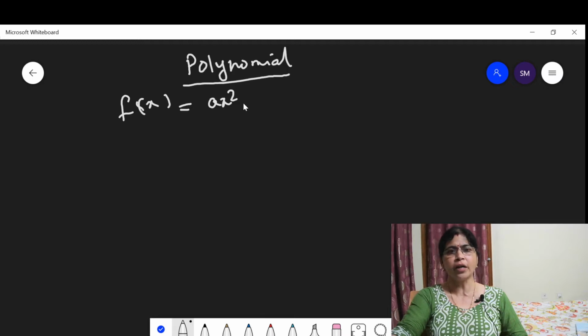The generalization of a quadratic polynomial is ax square plus bx plus c, where a is the coefficient of x square, b is the coefficient of x and c is the constant.